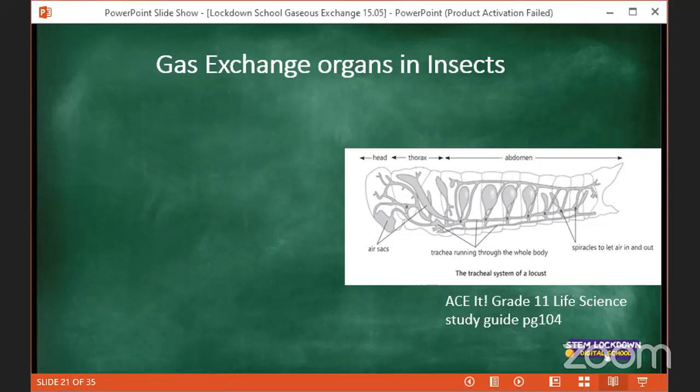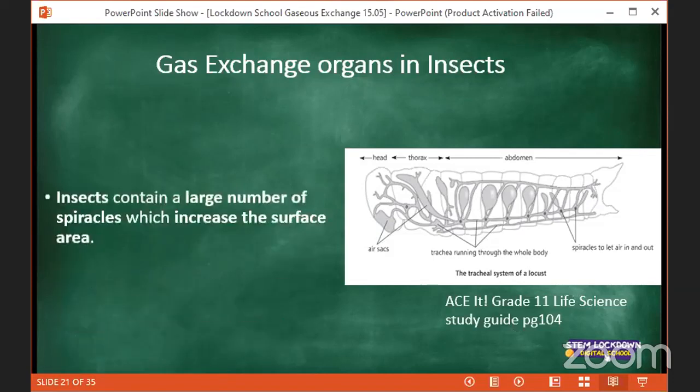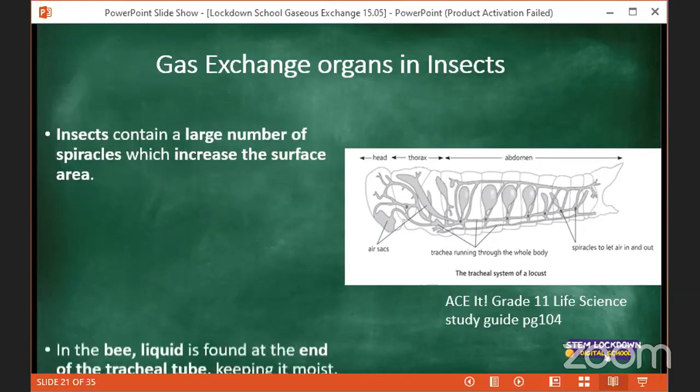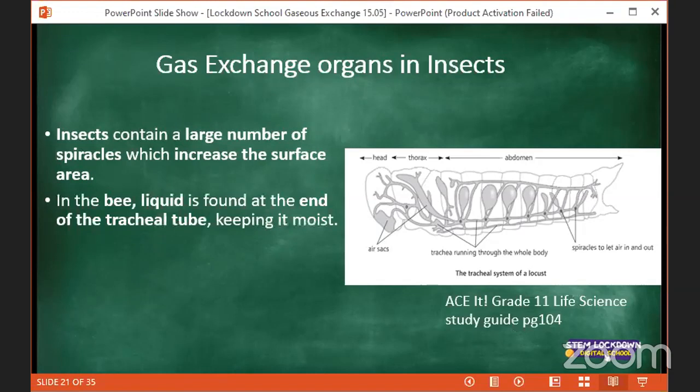Right, so now let us go back to gas exchange organs in insects. Firstly, insects contain a large number of spiracles, which increase the surface area. Secondly, in the bee, liquid is found at the end of the tracheal tube, keeping it moist. So the tracheal tube would be this one here.